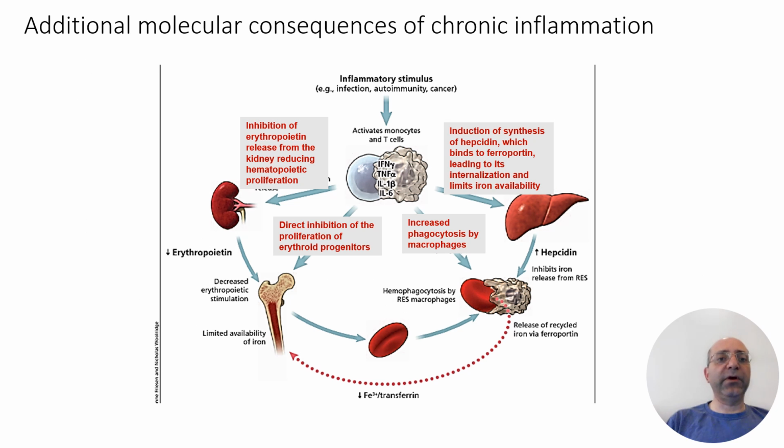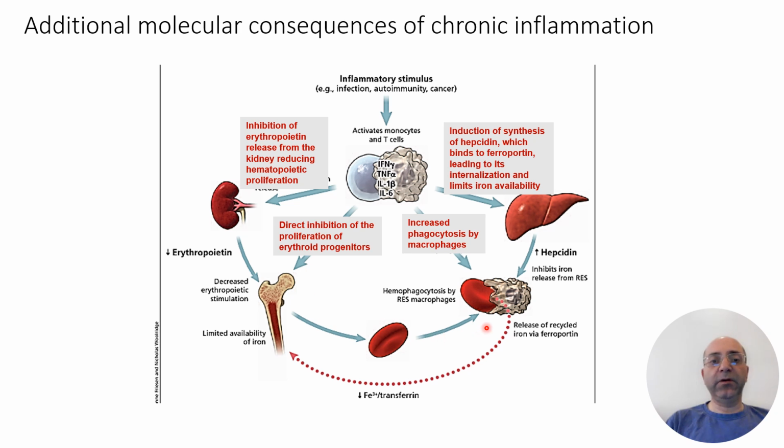So basically to sum up, فعندنا لما يكون عندنا inflammatory stimulation as a result of infection، عندنا cancer, autoimmunity that would prevent the production of erythropoietin released from the kidney, reducing the production of RBCs. ممكن يؤدي ل inhibition للproliferation of erythroid progenitors and RBCs.